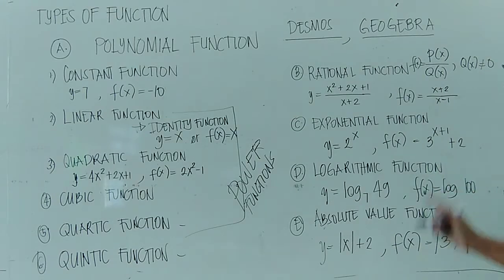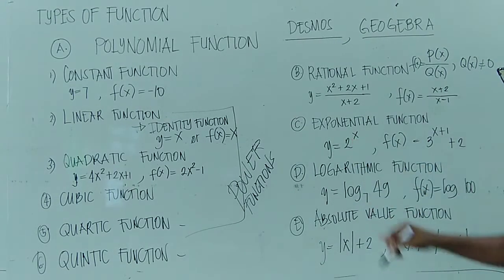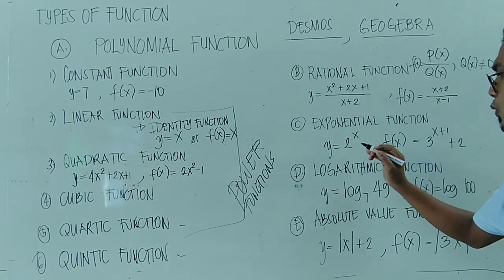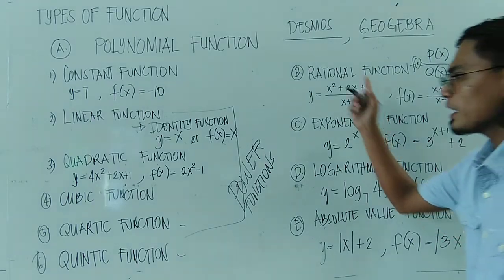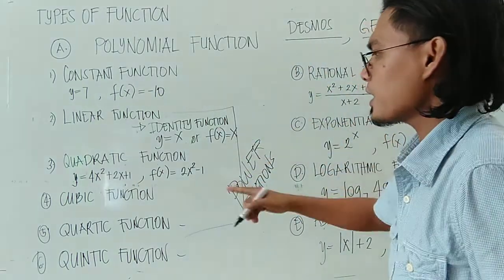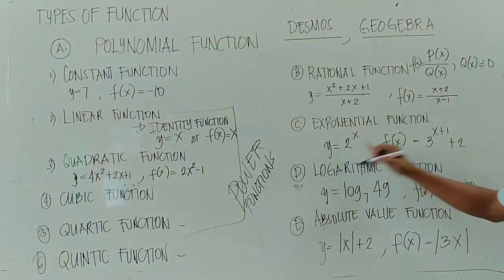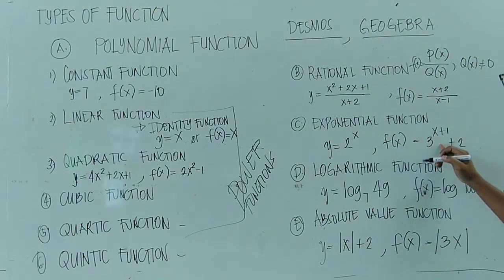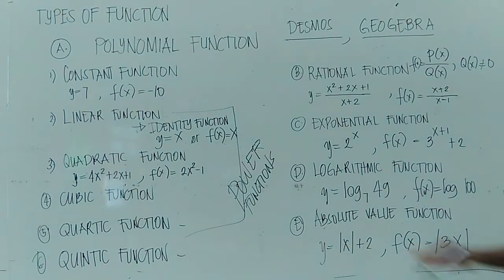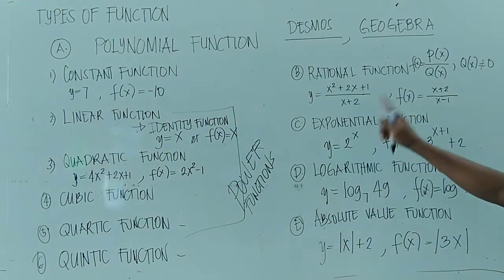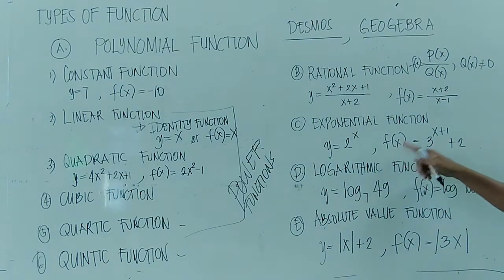So makita nyo or na-identify nyo nga exponential siya, kaya ang aton nga exponent is x. So tanan ta digagina nga mga examples guys, sa exponent naton are whole number. So this time sa exponential lang aton exponents ang x na. So we have y is equals to 2 raised to x. Another example, we have f of x equals to 3 raised to x plus 1 plus 2.